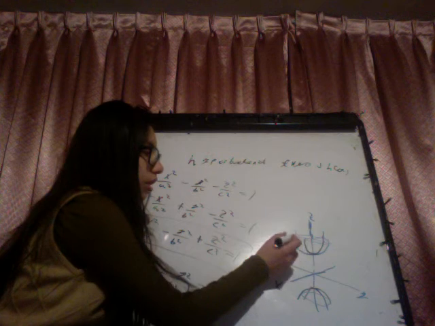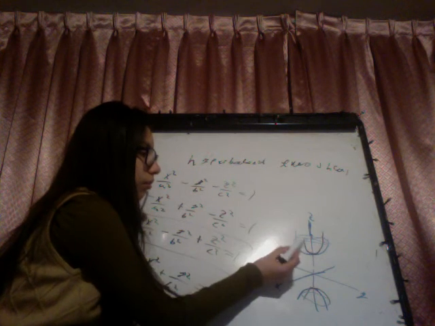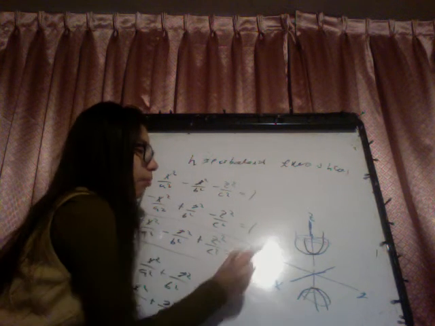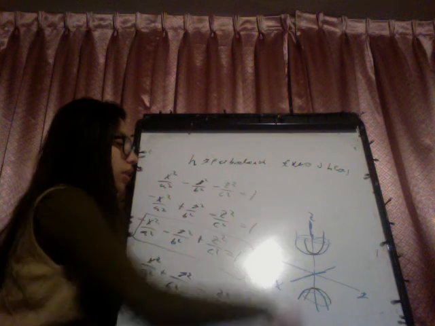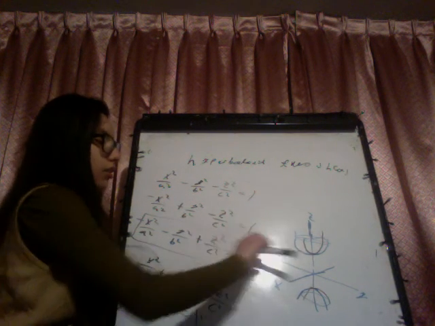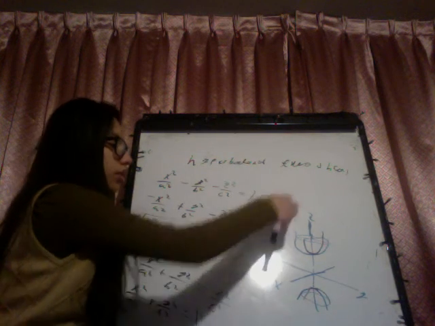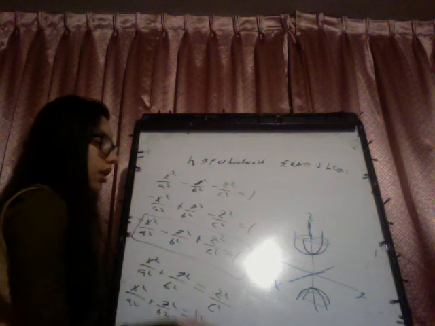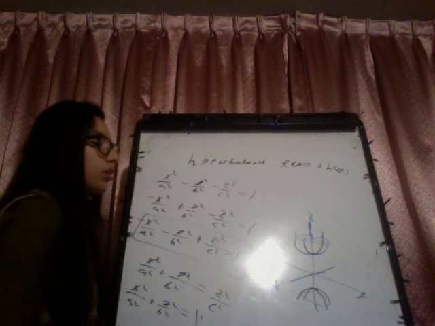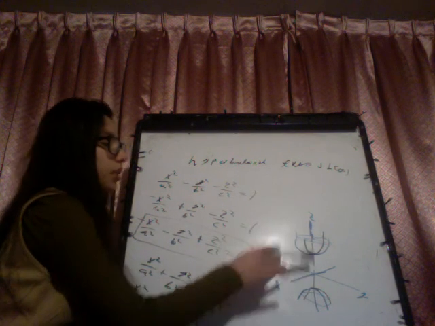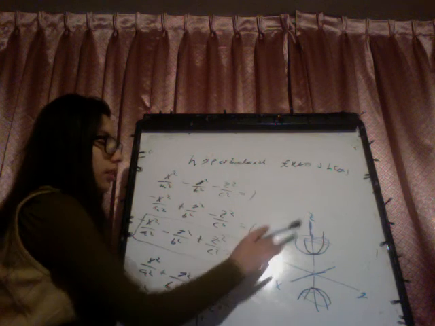So this would be A, from here to this black hyperbola. The black hyperbola lives in the XC plane, from behind to front.